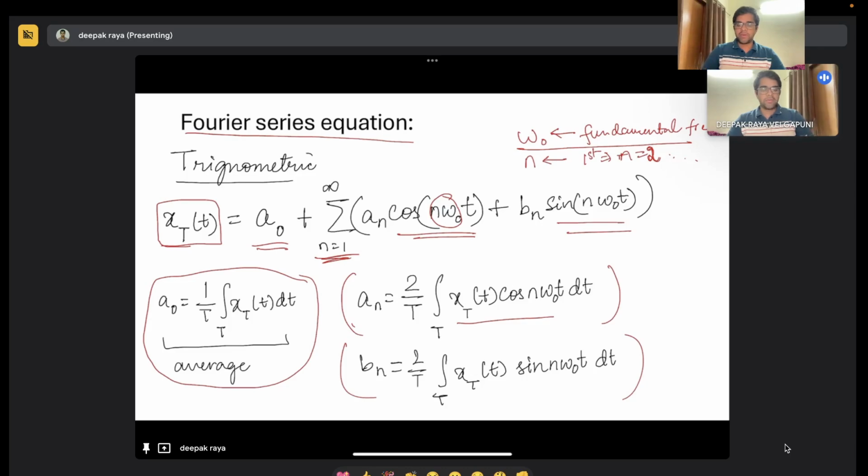This is the equation for the trigonometric Fourier series. But we have seen there are two types of canonical periodic signals. One is sines and cosines, which are sinusoids. Another one is the complex exponential. So you can represent a Fourier series in terms of complex exponentials as shown in the next slide.